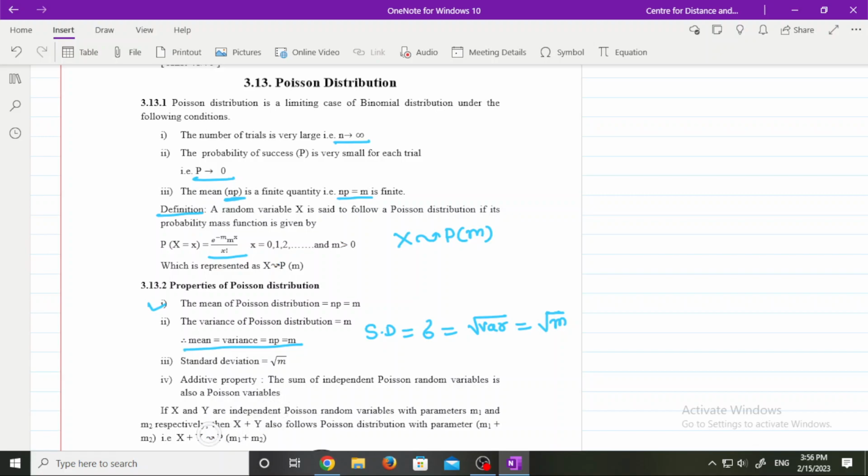That is, for X and Y independent Poisson random variables with parameters m1 and m2, that is, for Poisson random variable X the parameter is m1 and for Poisson random variable Y the parameter is m2, then X plus Y follows Poisson distribution with parameter m1 plus m2.